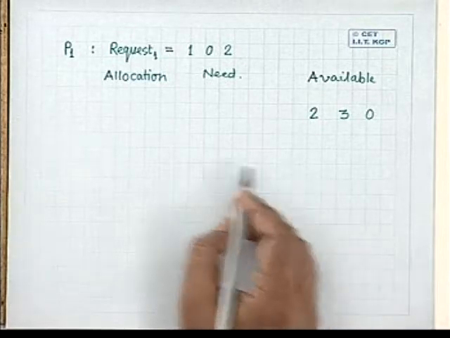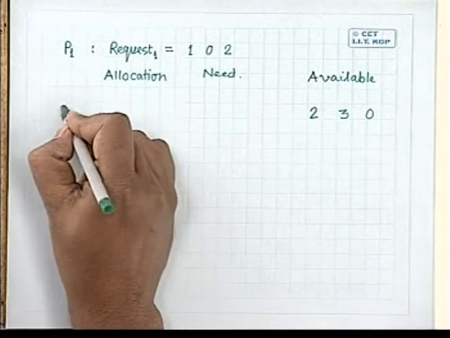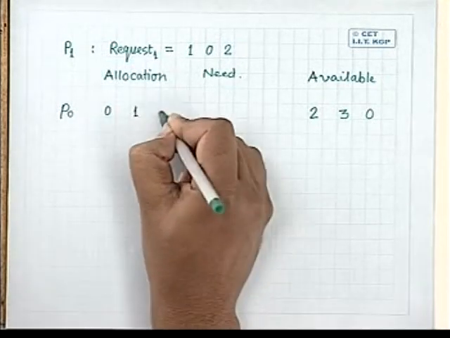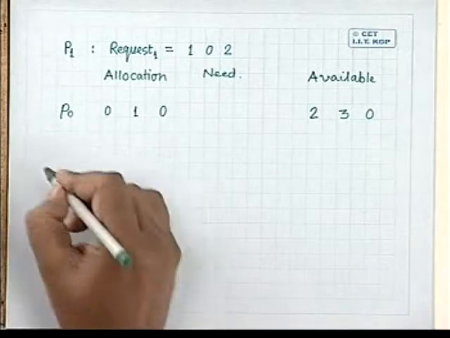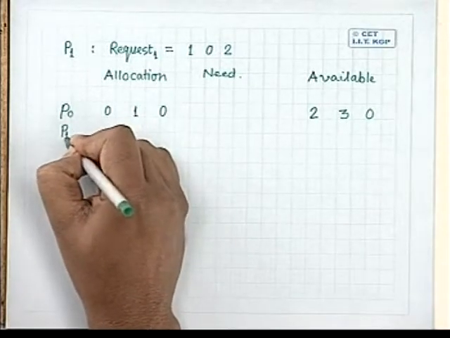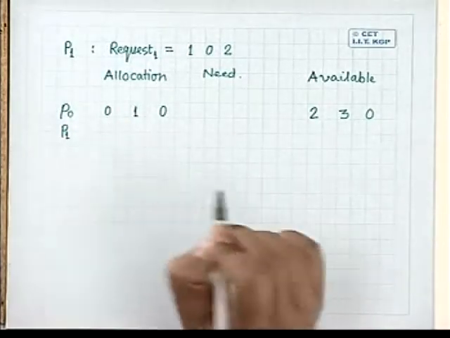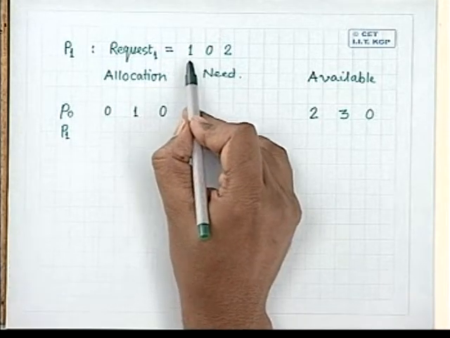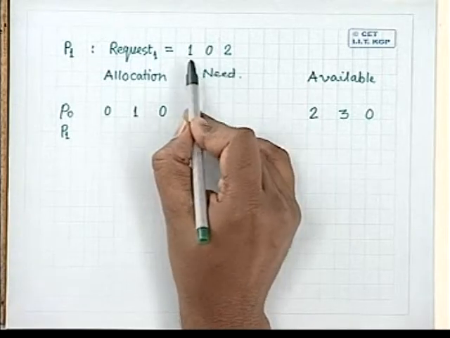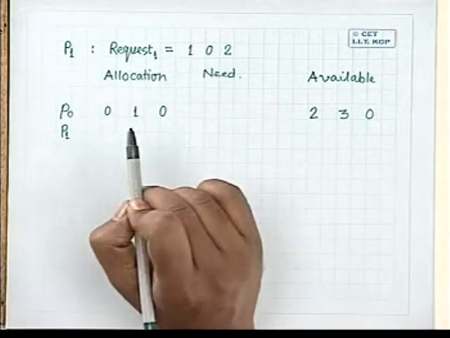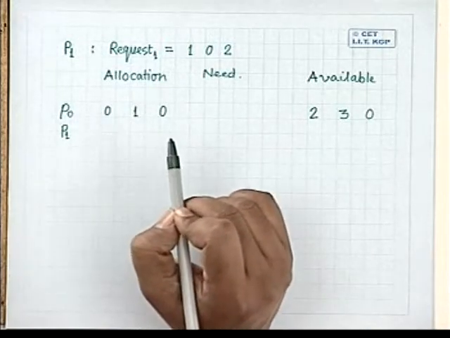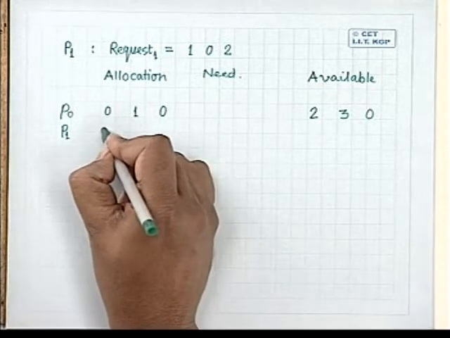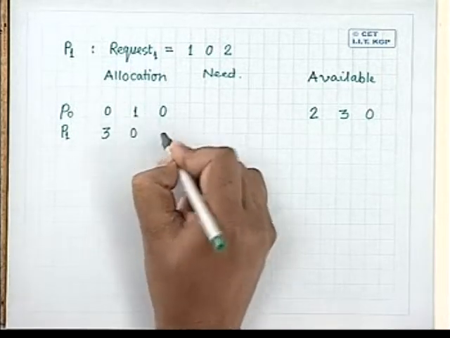So coming to that, we find that for process P0, the allocation was 0, 1, 0. We don't change this. For process P1, the allocation was 2, 0, 0. And the additional resources which are allocated now is 102. So we have to add this 102 to 200, which was allocated earlier. Okay. So now for process P1, the allocation vector will be 3, 0, 2.